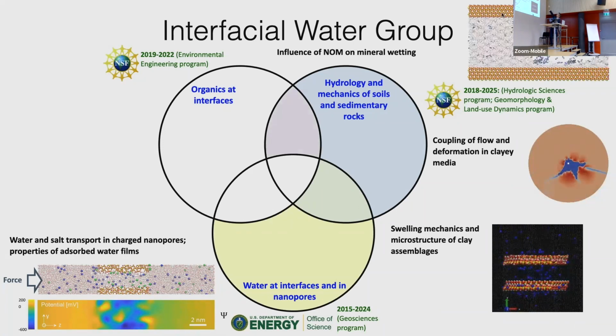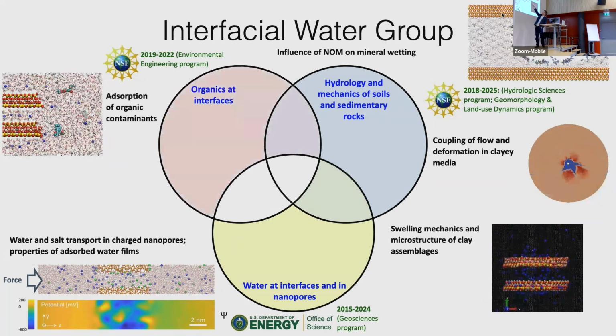At the intersection of hydrology and mechanics and organics, we've been looking at how organic matter gets redistributed by multiphase flow, and how organic matter also affects multiphase flow by modifying contact angles. This is a bubble of CO2 being pushed through a water-filled pore, but it's also being affected by organic compounds that are trying to coat the water-CO2 interface.